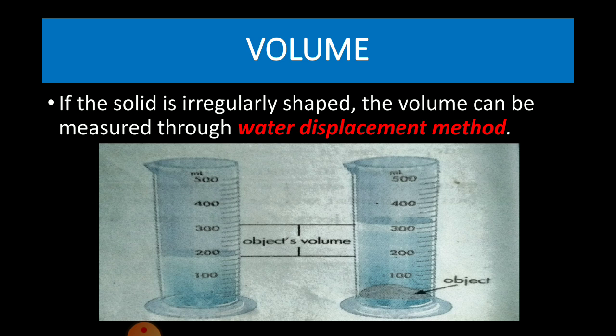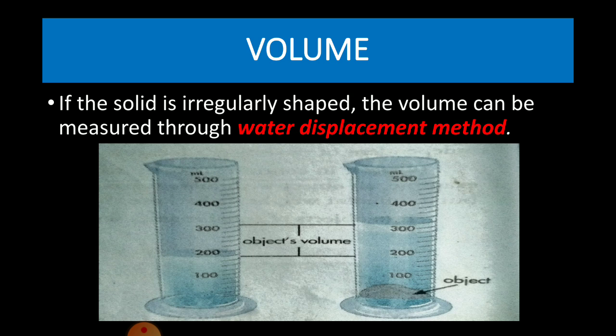The water level before and after placing the object are read. The difference in the two readings gives the object's volume. This happens because the object pushes the water out of its way and displaces it with its own volume. Note, however, that this method cannot be applied for solids with hollow interior such as a small ball.